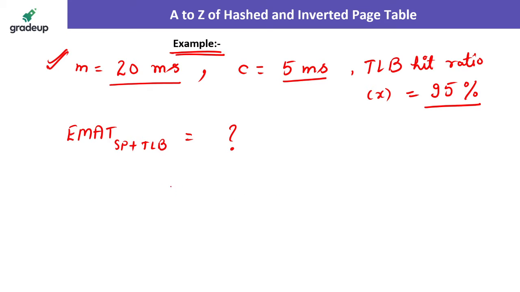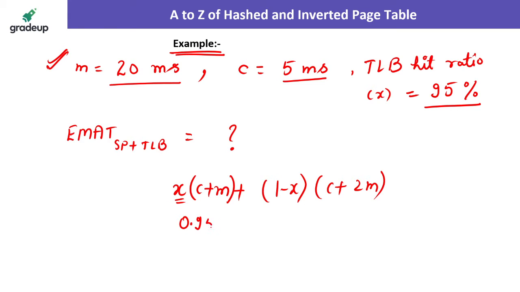So the formula would be x(c+m) + (1-x)(c+2m), and here x is the hit ratio, that is 0.95. c+m, 5+m is given as 20, plus (1-x), that is 1-0.95, and what is c? 5+2m, 20 into 2, 40.